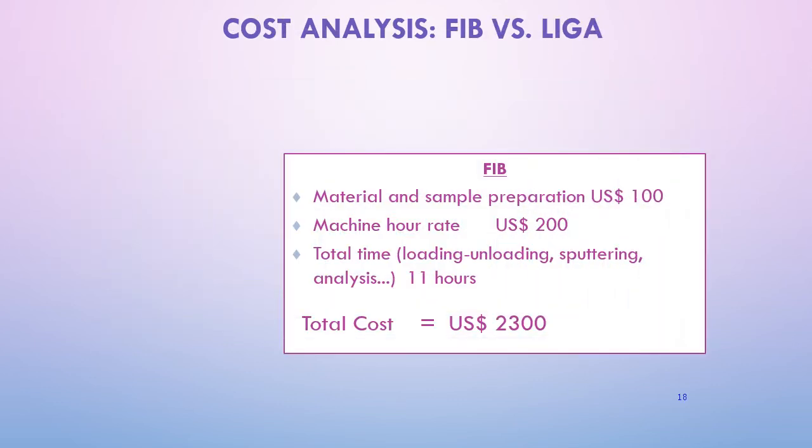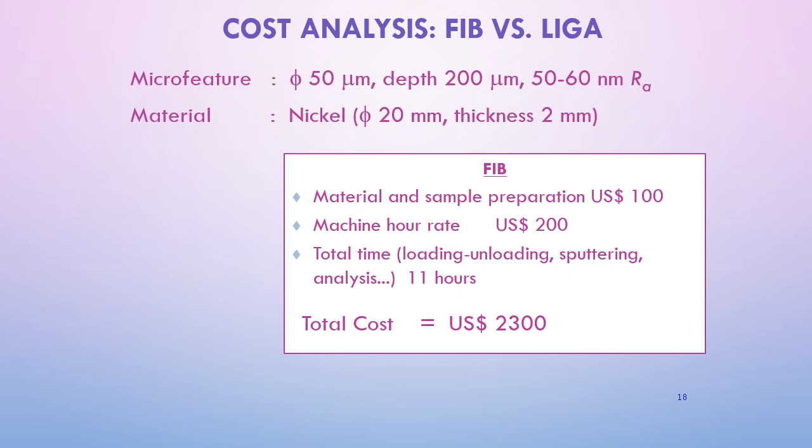Some cost analysis if the LIGA is replaced with the FIB. Okay, so for example, the micro feature that needs to be created has a diameter of around 50 micrometer, depth 200 micrometer, and 50 to 60 nanometer Ra, surface roughness. Okay, so now the material is nickel, for example.